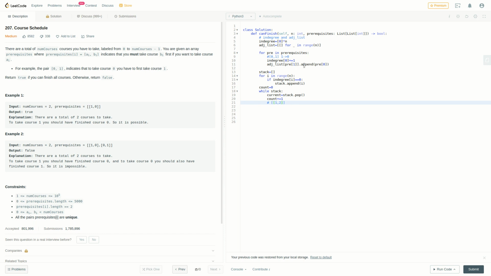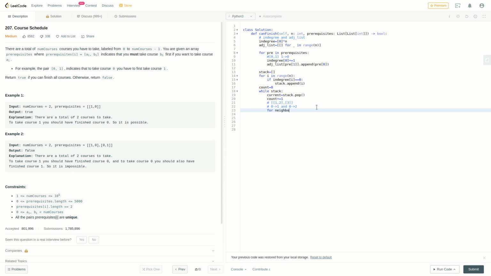For the zeroth element, its neighbors are 1 and 2. For the first element, maybe it is 3. So 0 goes to 1, and also 0 goes to 2. So if I remove 0, I have to decrease the in-degree value of 1 and 2 by 1.